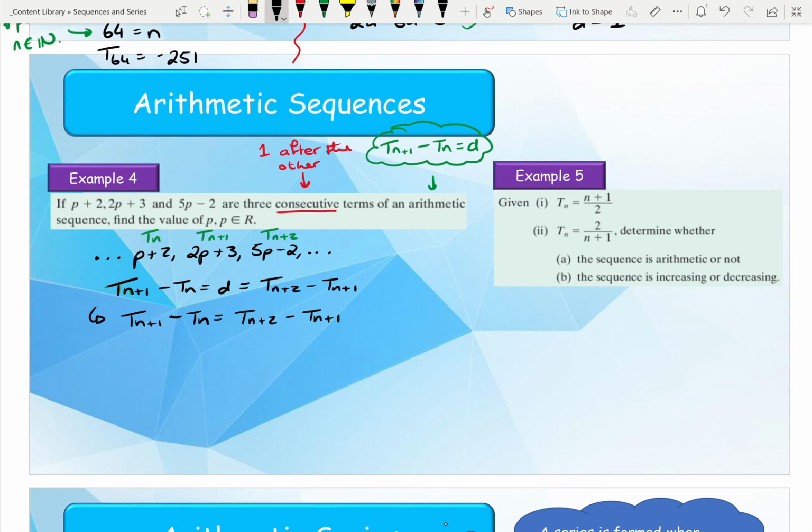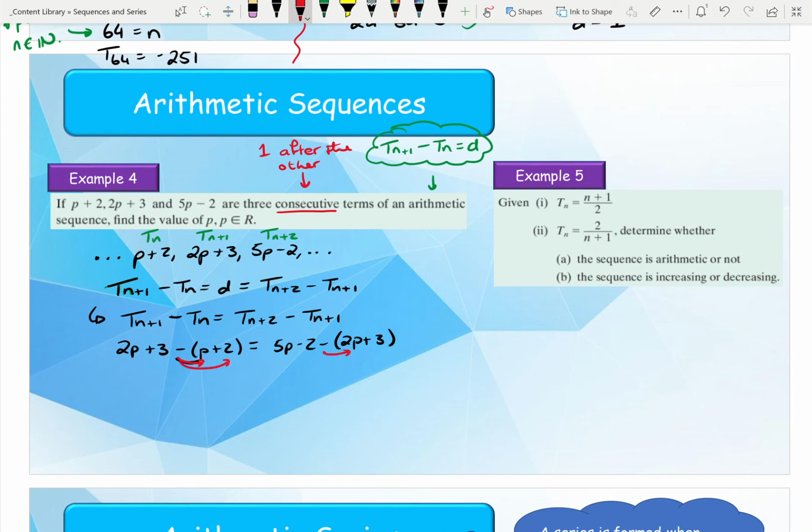So now I'm going to sub in what I know. That means I'd have 2p plus 3 minus p plus 2 is equal to 5p minus 2 minus 2p plus 3. Now be careful here. That minus on the outside is going to make this a plus, it's going to make this a minus, and it's going to make this a minus.